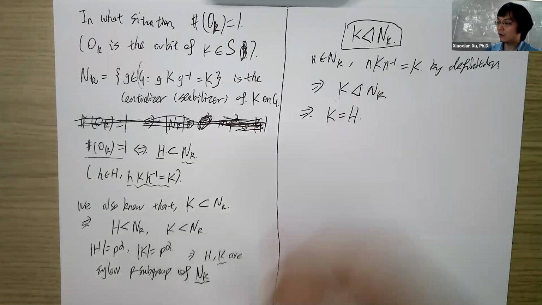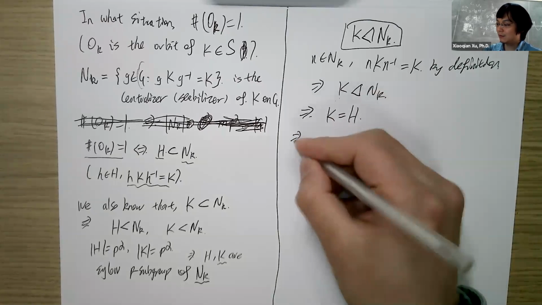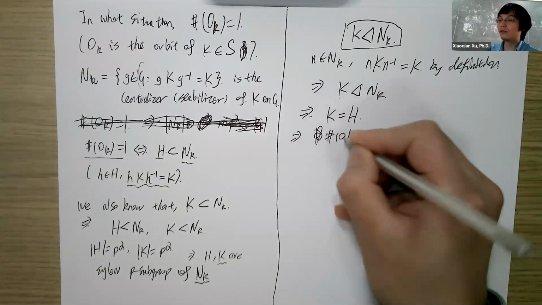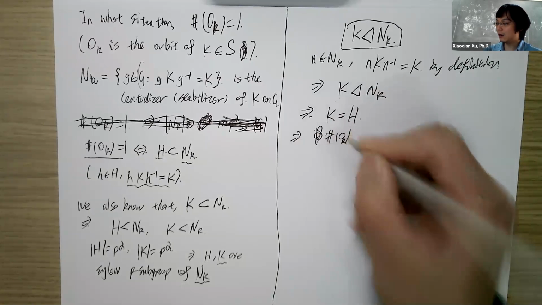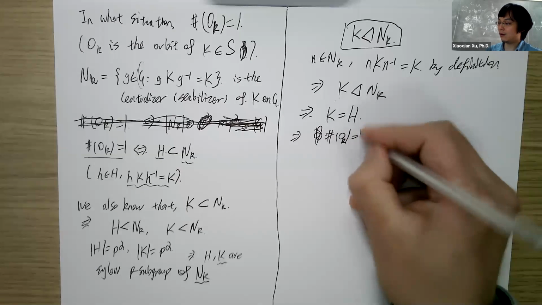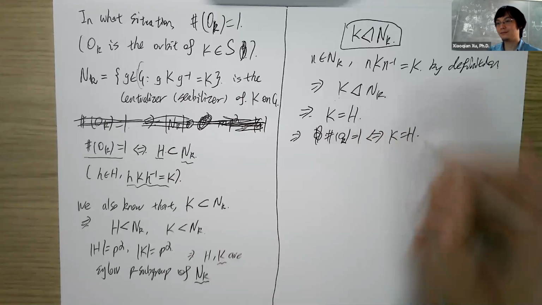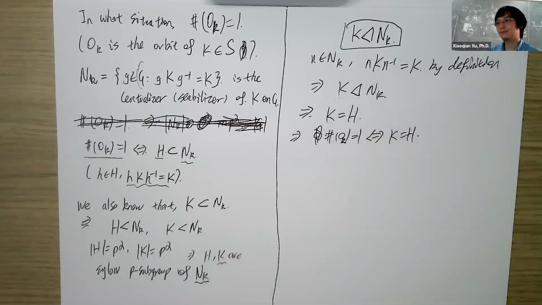Okay, so that means the number of the orbit equals 1 if and only if K equals H. You can show the only if part easily.